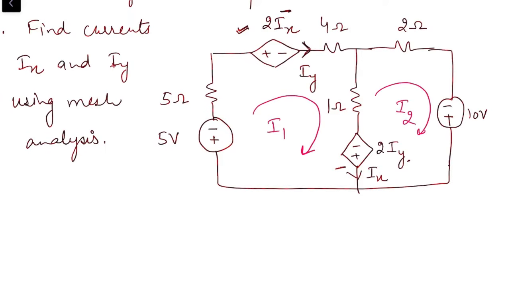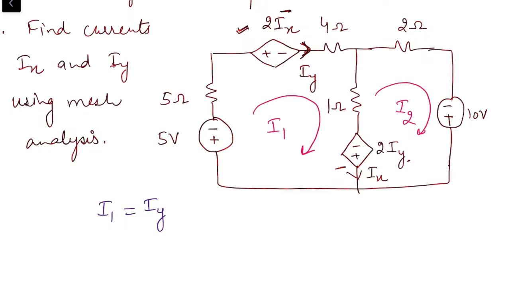If you just look at this branch, current through 4 ohm resistance is Iy, and the mesh current that flows through the 4 ohm resistance is clearly I1. So Iy is the same as I1.